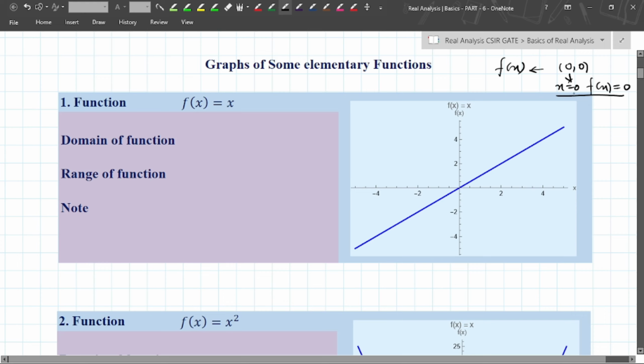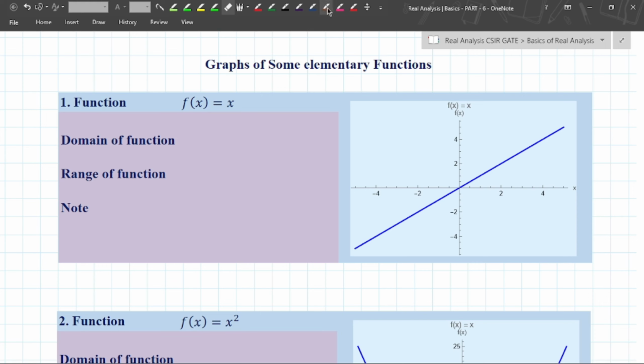What if it is passing through (1, 1)? Then it must be that x is equal to 1 and f of x is equal to 1. So if you want to find out whether a particular curve or function is passing through a particular coordinate, then that curve or function must satisfy that coordinate.